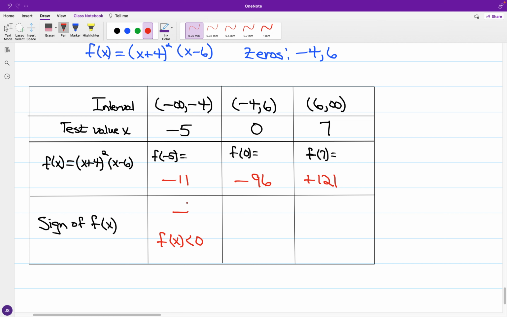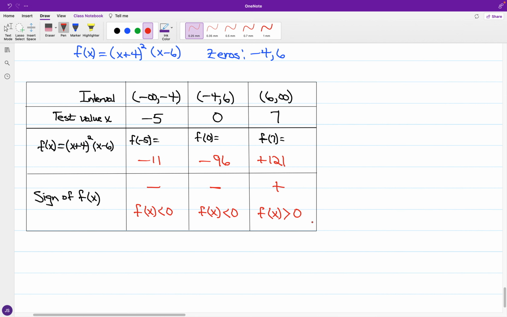This is our first case where we have the same sign in consecutive interval sections, because here, anything greater than -4 and less than 6 for the input leads to a negative output. So we have, again, f(x) is less than 0. And then for any input greater than 6 that is selected, the output is going to be positive. So we have that f(x) is greater than 0.